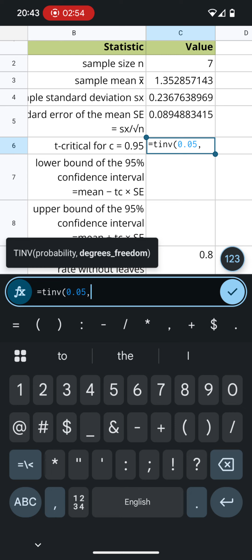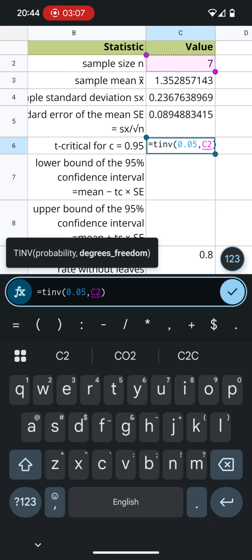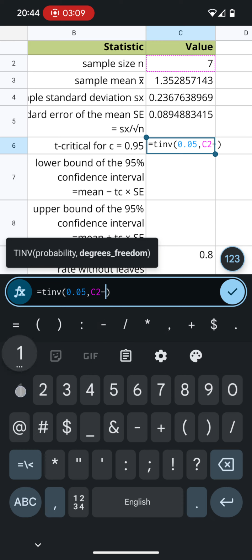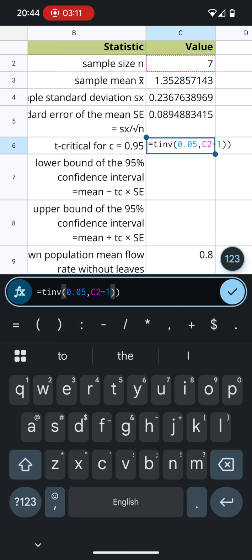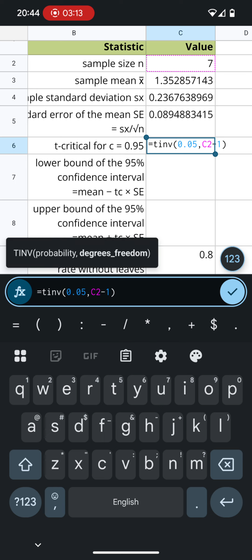We'll hit this a little more heavily in sections 10.2 and 10.3. It's the tail area beyond 95%. And then the rest of the T critical is simply the sample size minus 1. Always the sample size, always minus 1.